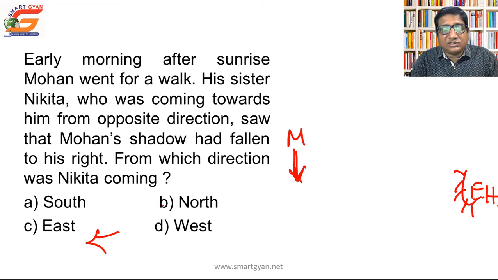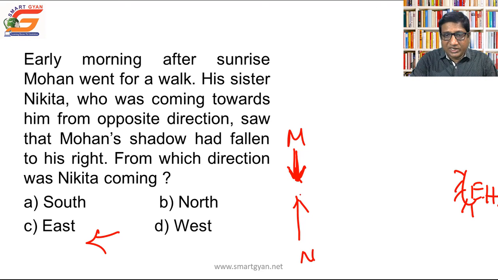Nikita, his sister, who was coming towards him from opposite direction, means as here Mohan is facing south, then Nikita is coming from south, because Mohan is facing south means moving south, then Nikita was coming from opposite direction, that is coming from south.